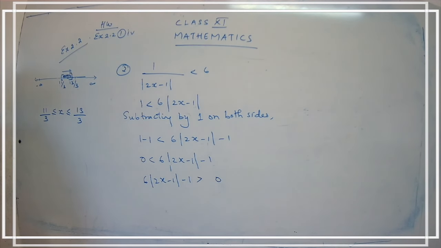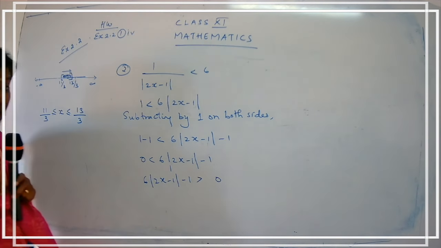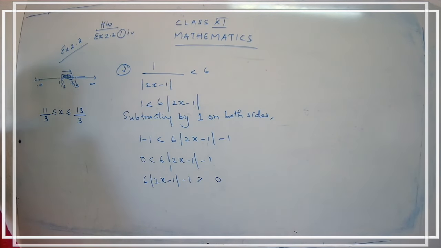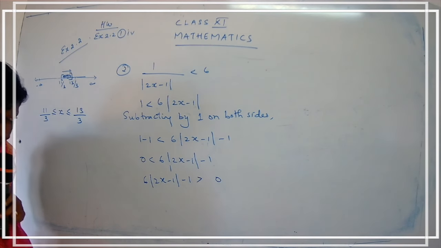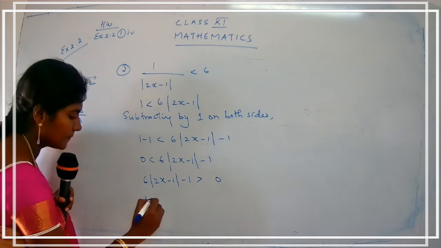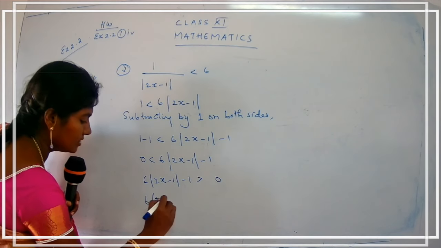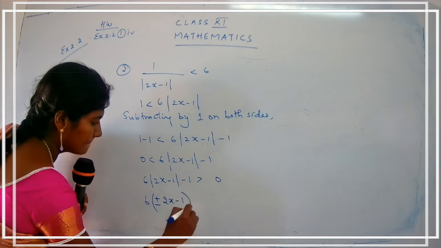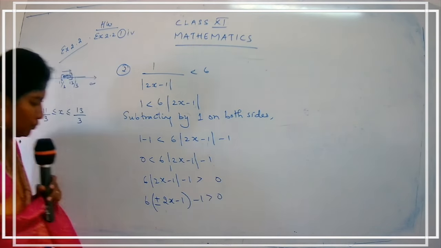Shall we proceed with the sum, children? Let's go with the sum. Again, here we have two cases. I told you when we are going to solve further, we have to remove the absolute sign. If you have to remove the absolute sign, you have to place a positive or a negative value. So I'll write this as 6 plus or minus 2x minus 1, minus 1 greater than 0.